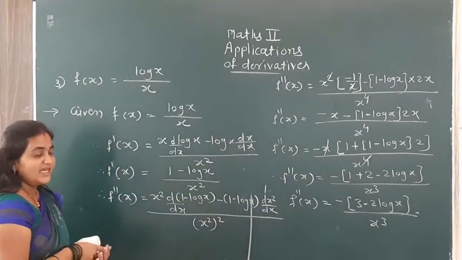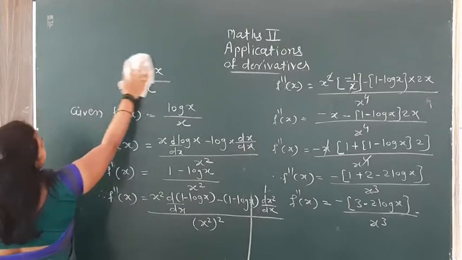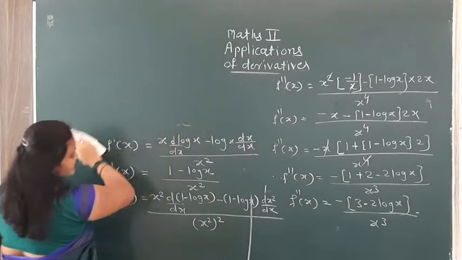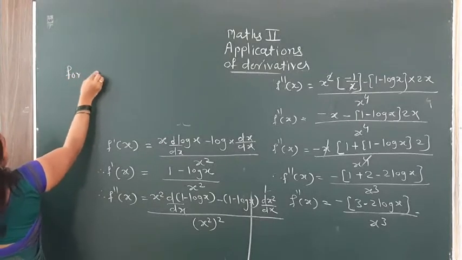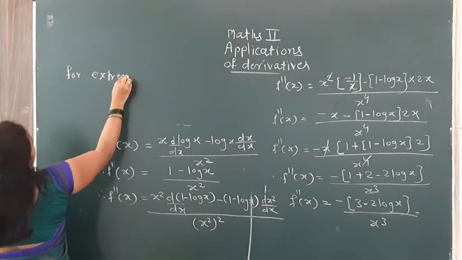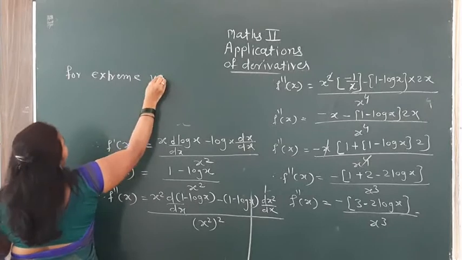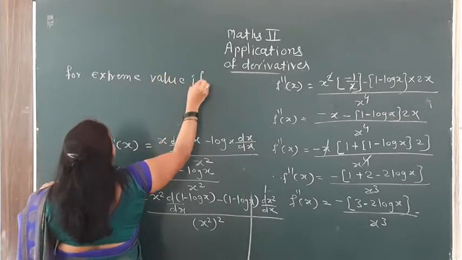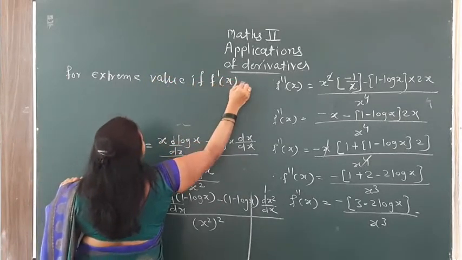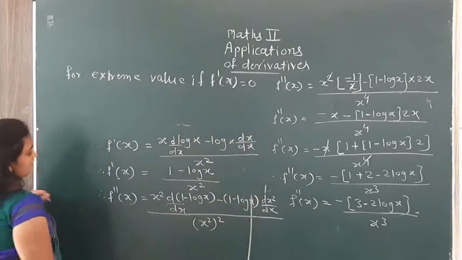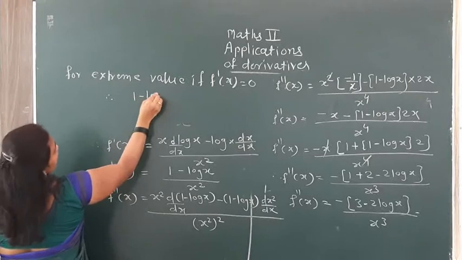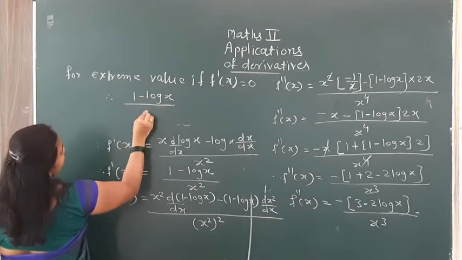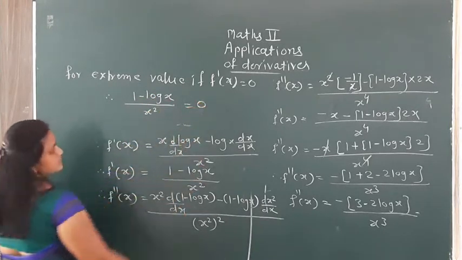But we want the extreme value. So how to find the extreme value? For an extreme value, f dash of x is equal to 0. So here f dash of x is 1 minus log x divided by x square, equal to 0.